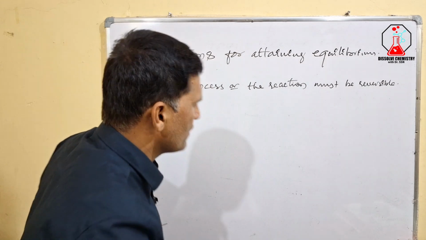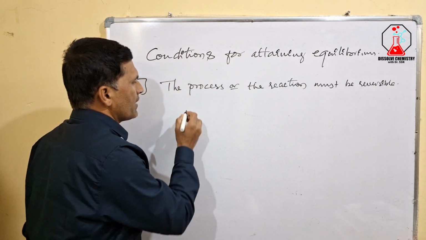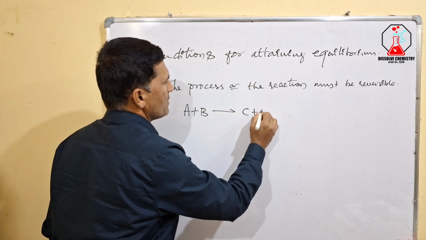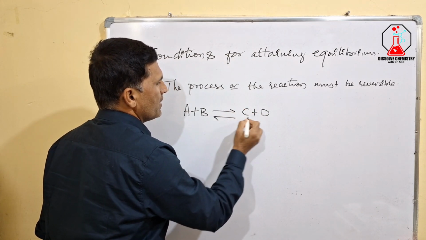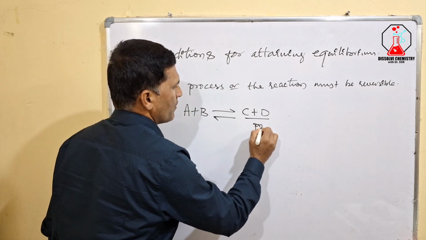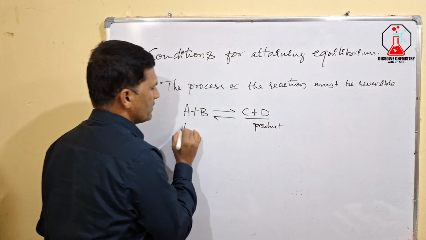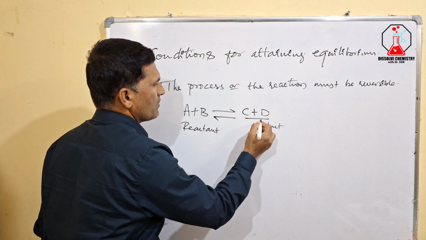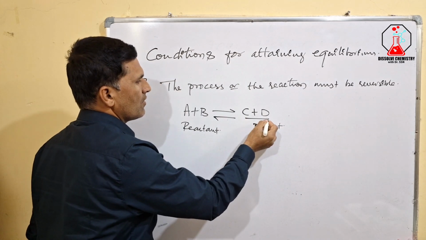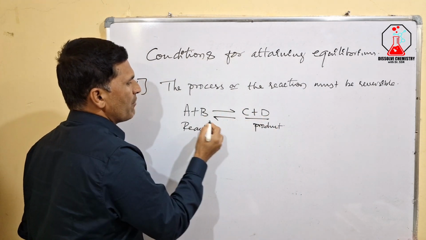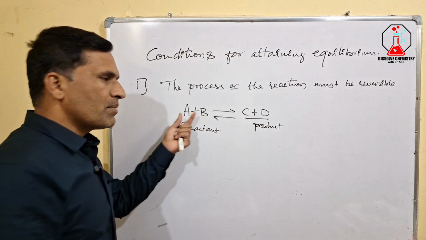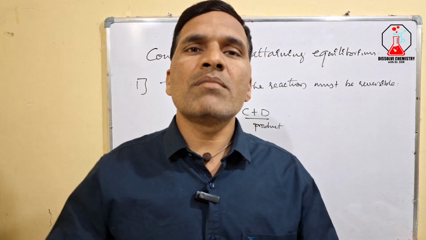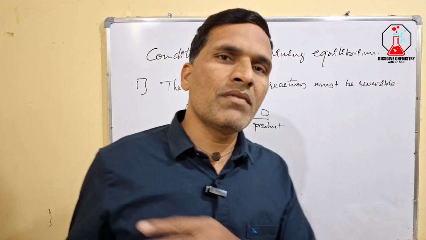Suppose you take a reaction A plus B combines to give C plus D. If we call these the products and A plus B the reactants, then the products must have the tendency to combine back to give A plus B, as A plus B have the tendency to combine and form C plus D. Both must have the tendency to interconvert into one another.